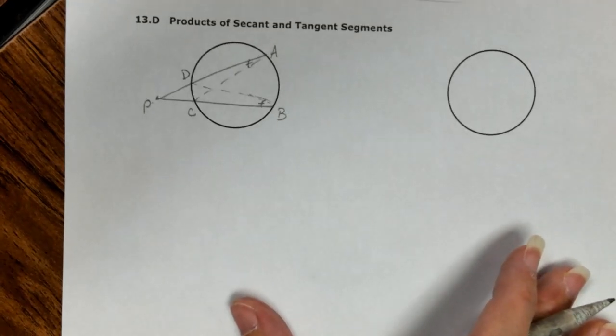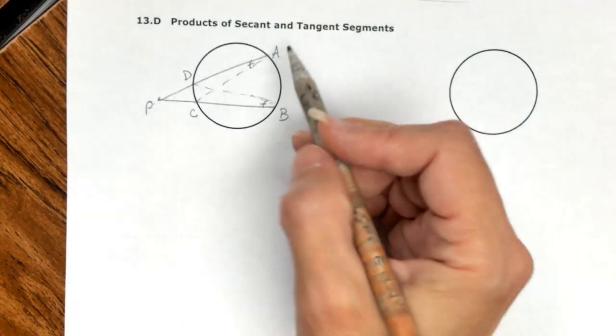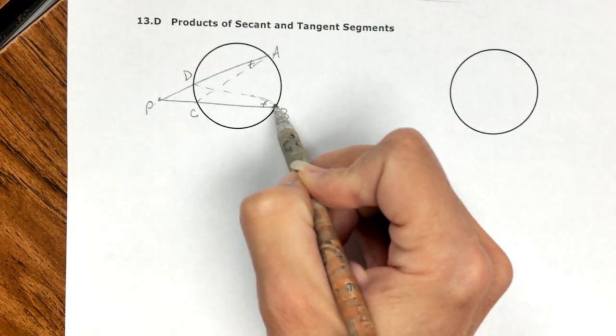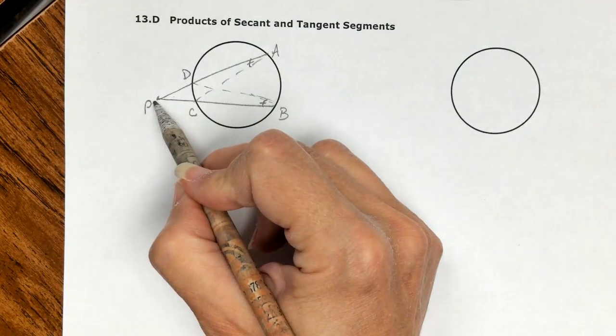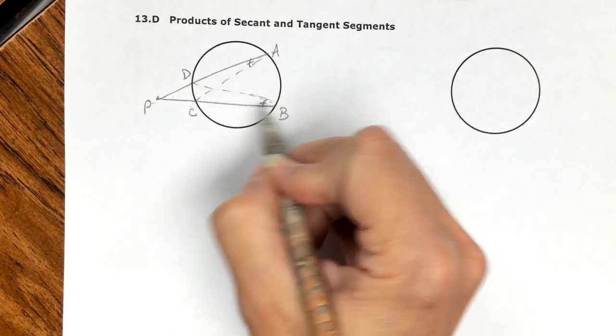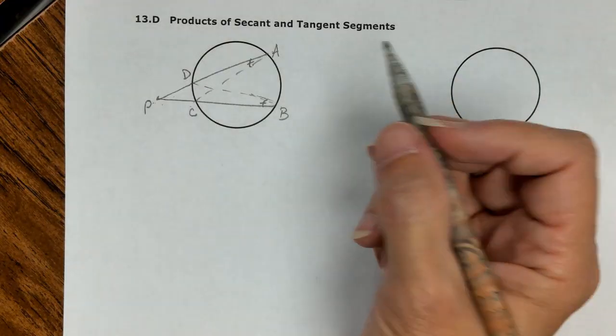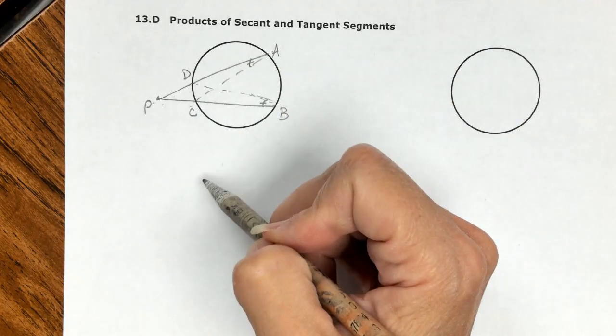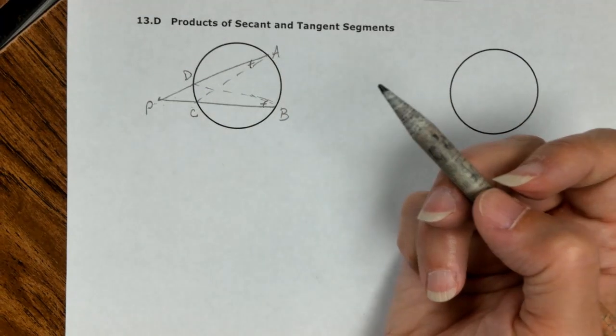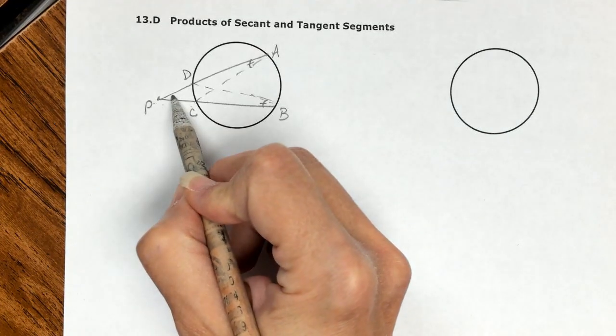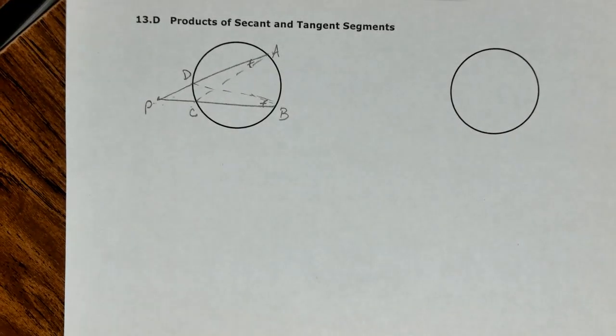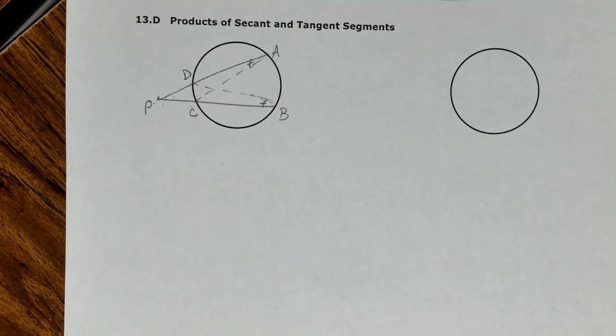I have the little crisscross here to complete two triangles. I have A, P, C, and B, P, D. A and B both intercept the same arc. They share angle P. They are similar triangles because their angles are congruent, so the sides are proportional.